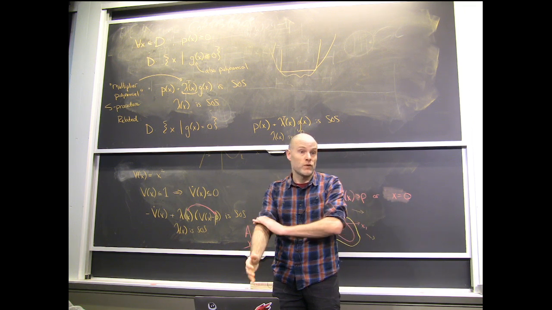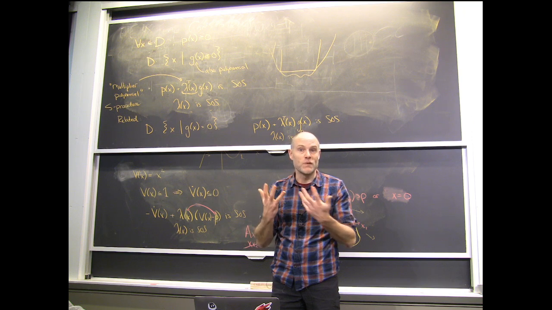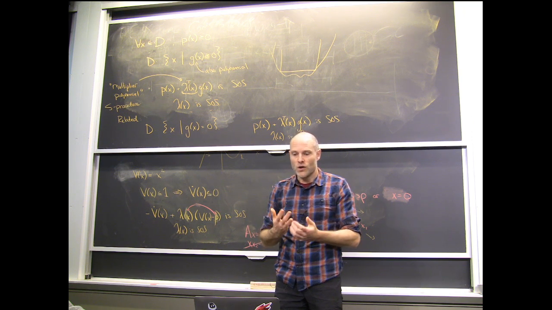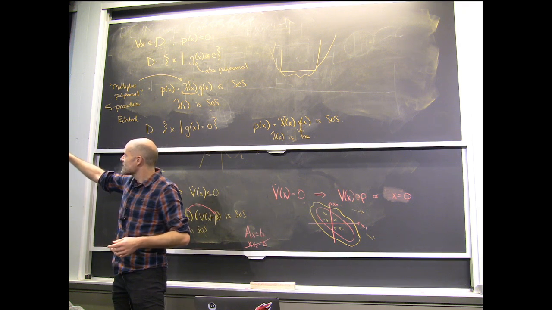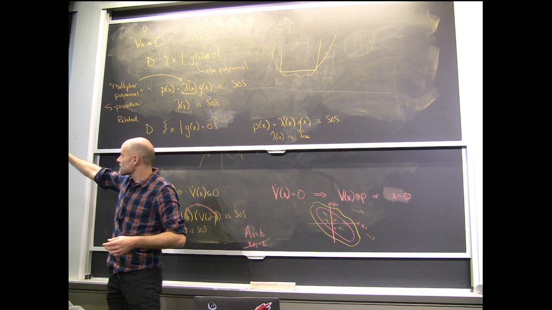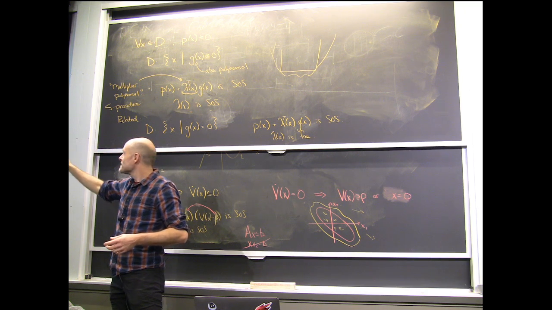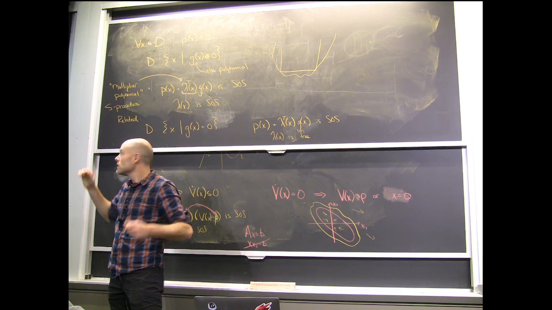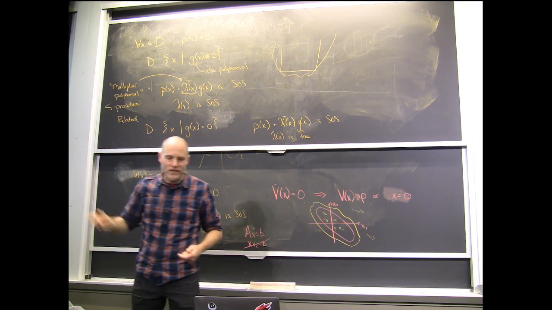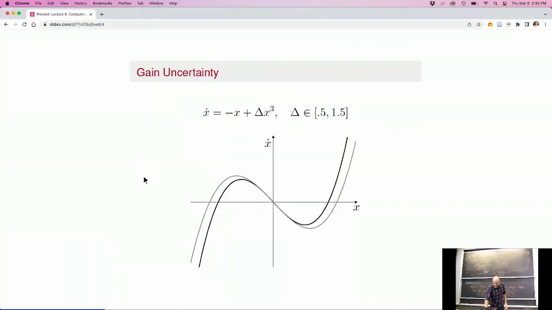Same thing. We now have this extra power of doing robust analysis if we want. So I just put a couple examples together of, what if it's, normally it was just negative x plus x cubed. What if it's delta times x cubed and I don't know what delta is? So let's even think about what the curves look like. That means I don't really know, it could be that curve, it could be that curve, it could be that curve, it could be that curve.